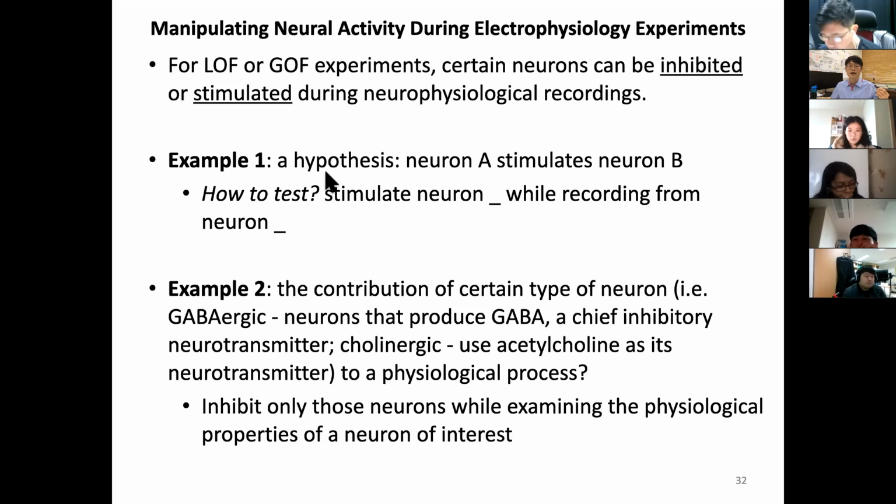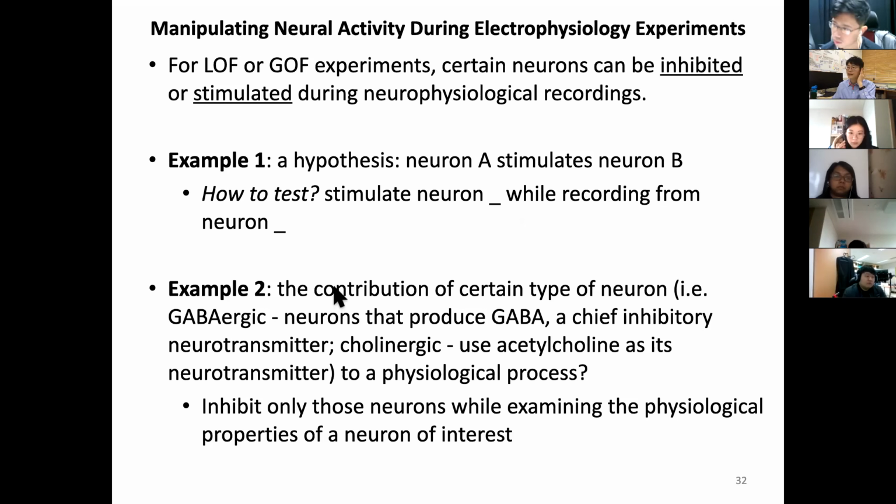Let's say a hypothesis: I'm curious about neuron A and neuron B. My hypothesis is neuron A will stimulate neuron B. How to test? You have to activate neuron A. So you need to stimulate neuron A first, and during that time monitor neuron B activity, so that you can test the relationship between the neurons.